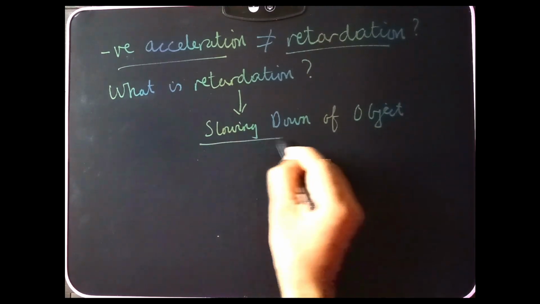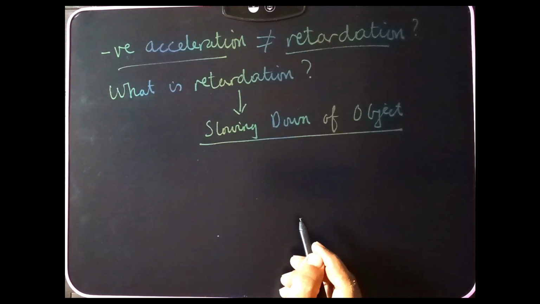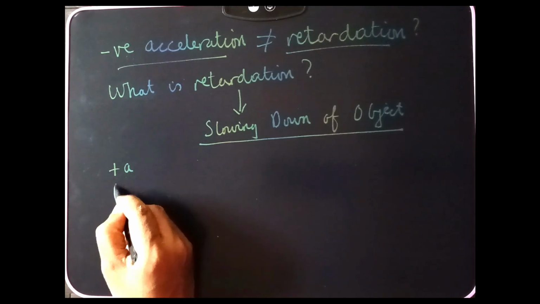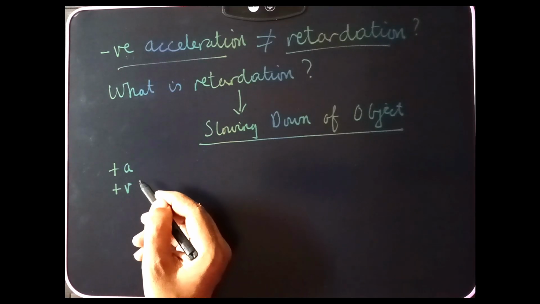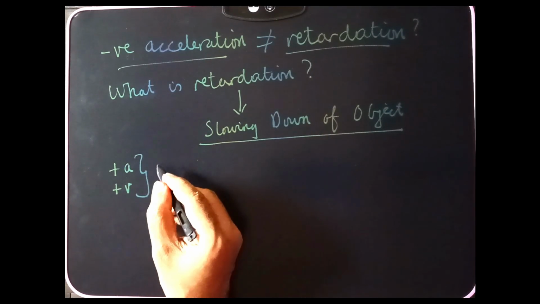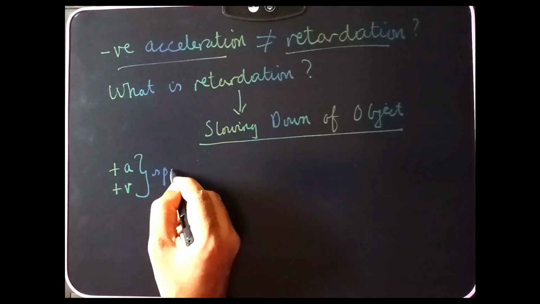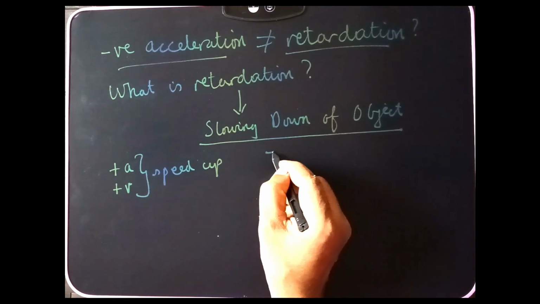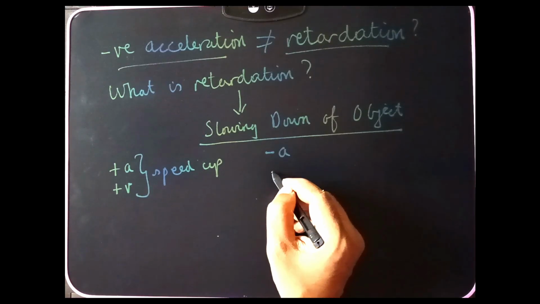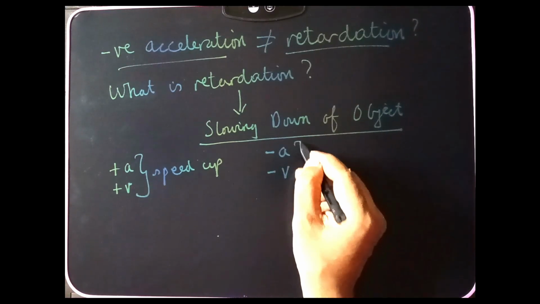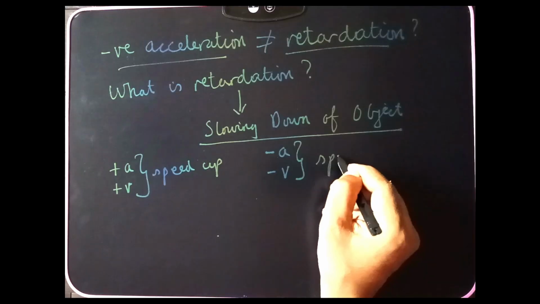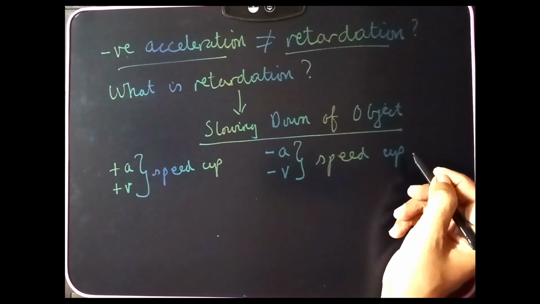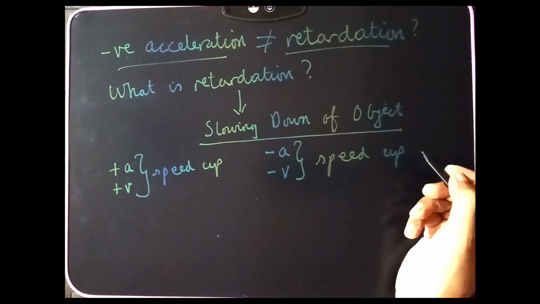But when does slowing down of the object take place? If I have positive acceleration and positive velocity, then this case will lead to speed up. Even if I have negative acceleration and negative velocity, this would also mean speed up. That means there is acceleration, there is no retardation.